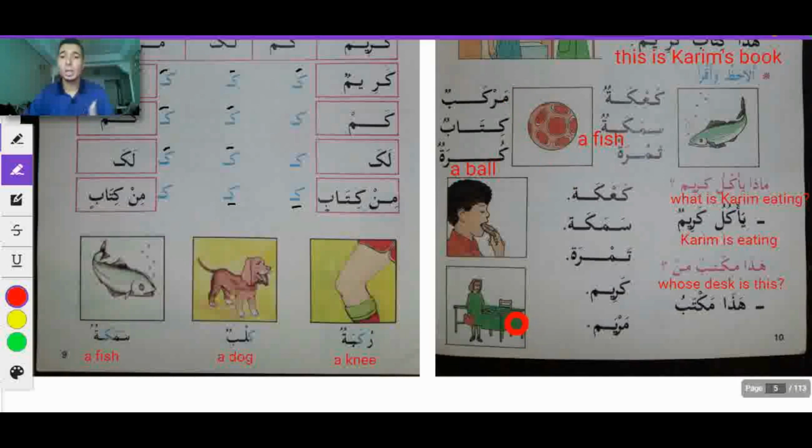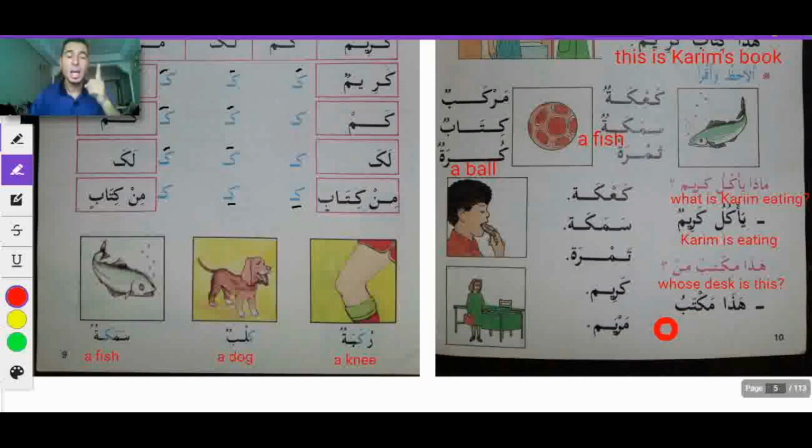So here, هذا مكتب من. So is it Karim's or Mariam's? Obviously we have Mariam here, so we will say هذا because we're talking about a desk, and the desk is considered male.